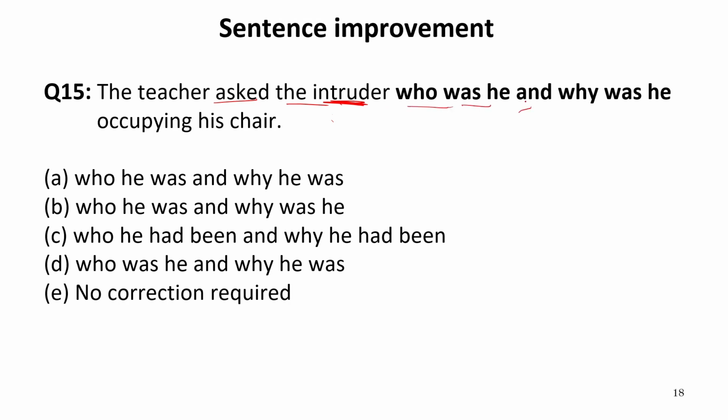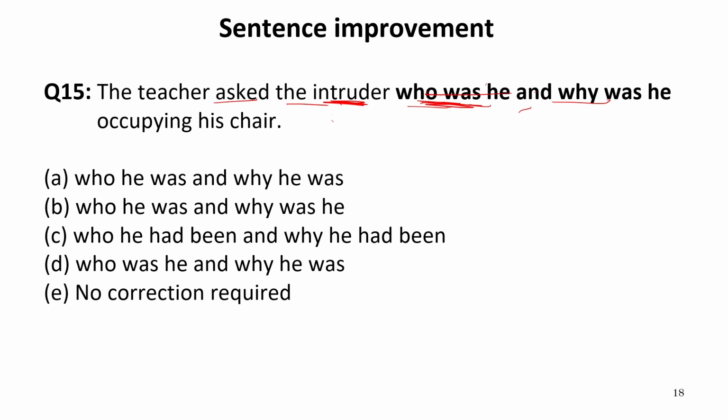Who was he and why was he occupying his chair? So this is an interrogative sentence, whereas in indirect speech we write assertive statements. So was he should be replaced with who he was and why he was occupying his chair.